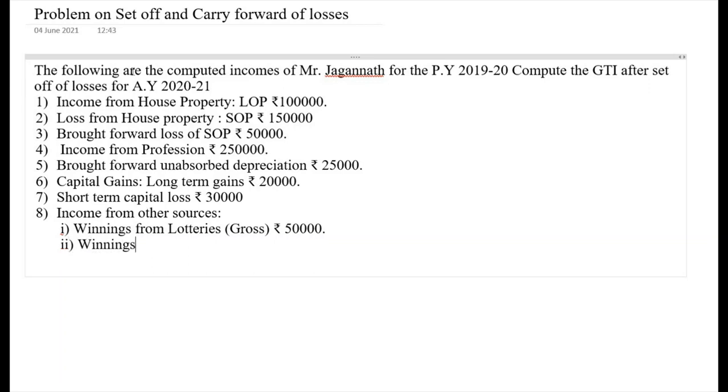Winnings from crossword puzzles rupees 25,000. This is gross.